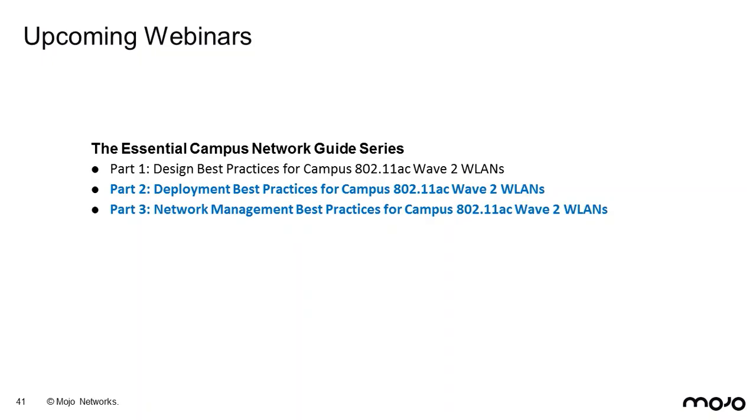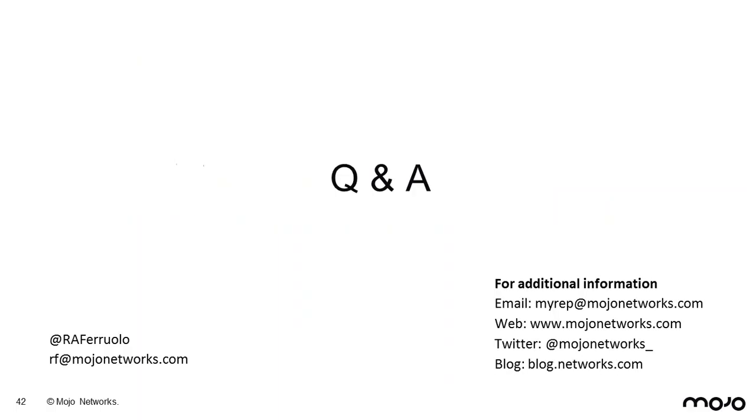Both on the network services side and also on the switching side, what are the things we want to make sure we keep in mind so that the deployment goes well? And then finally, we'll look at network management, and that'll include trend analysis and optimization, and also troubleshooting, for the 3-part series.